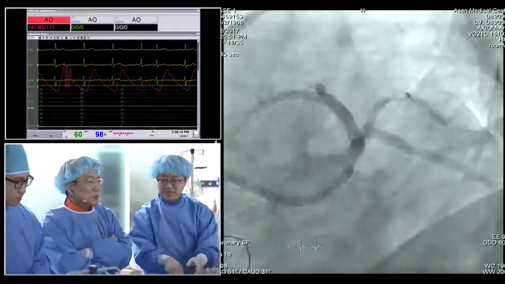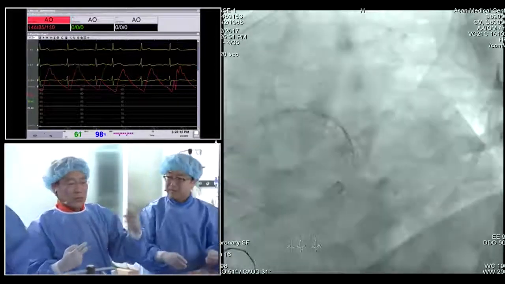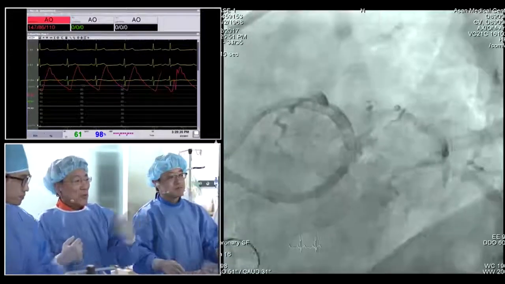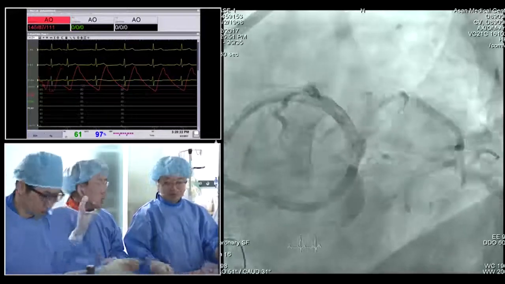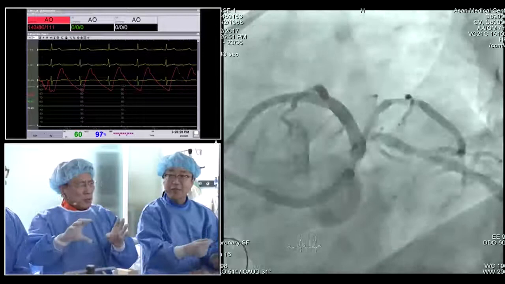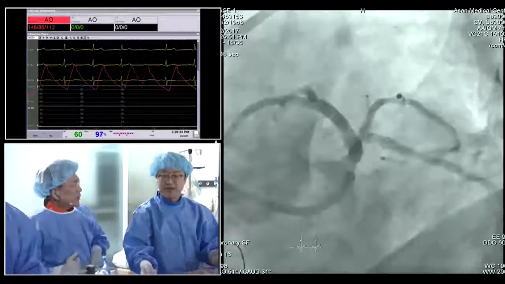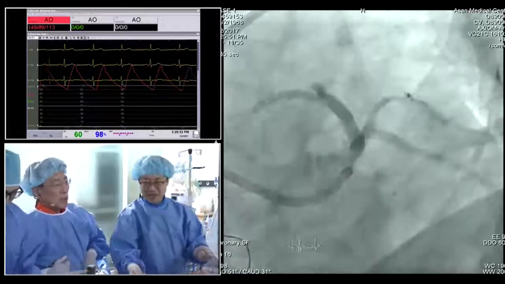Final angiograms. After the two stent crushes, LAD, diagonal, and we believe the LM branch will be okay, right? Yeah, right. The ostial part will be good, and so we deploy the circumflex balloon crush, and finally LAD and main stent overlapping, right?